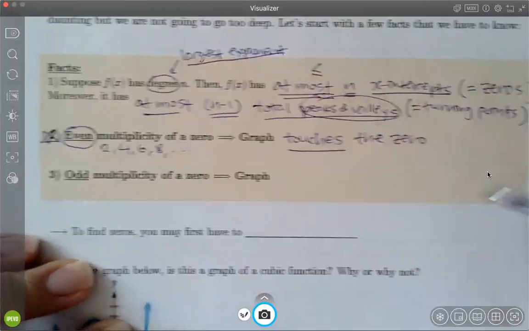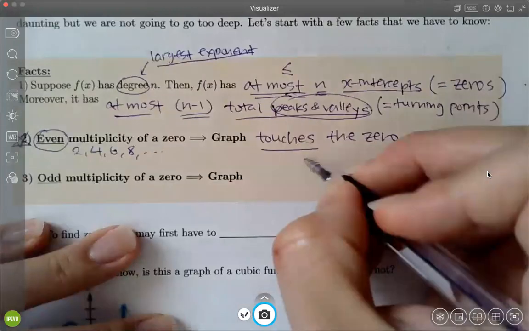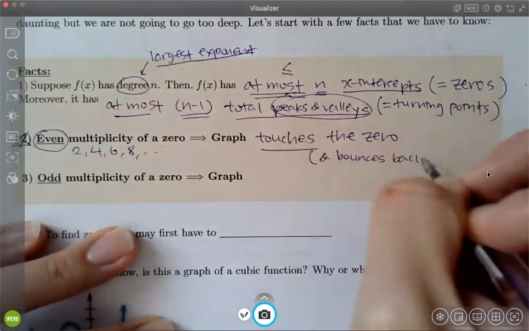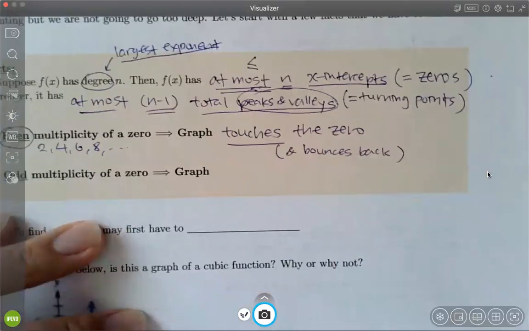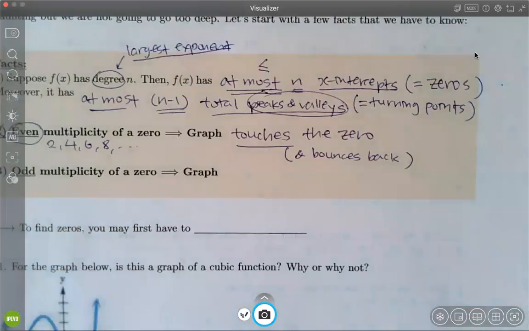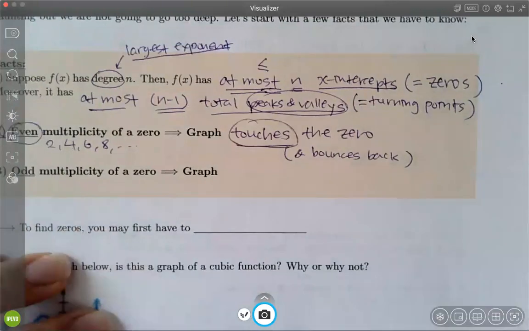Okay? And then the graph bounces back. Okay, so in other words, the graph never crosses past the x-intercept or the x-axis. Okay, so even multiplicity means the graph touches and then it bounces back.